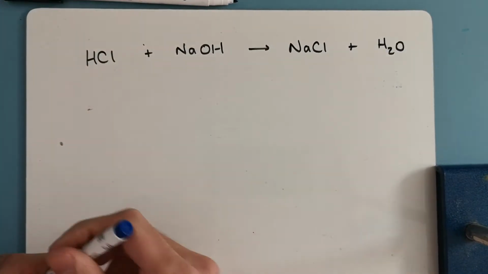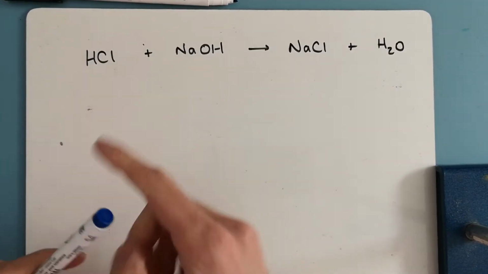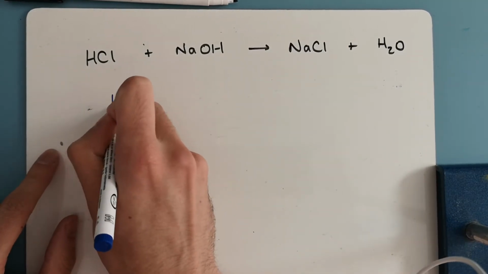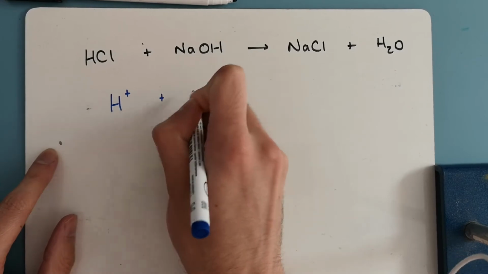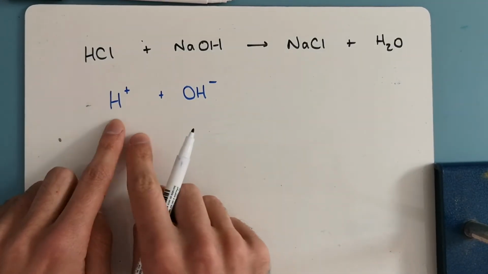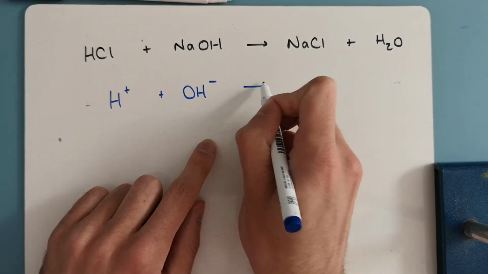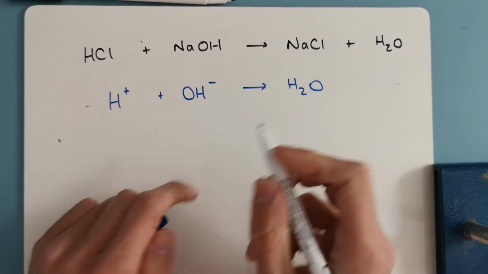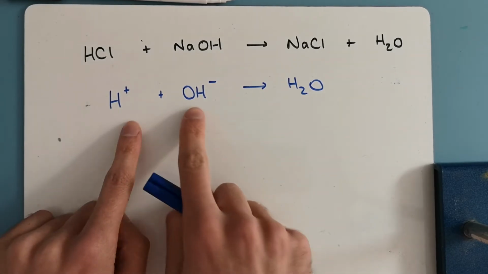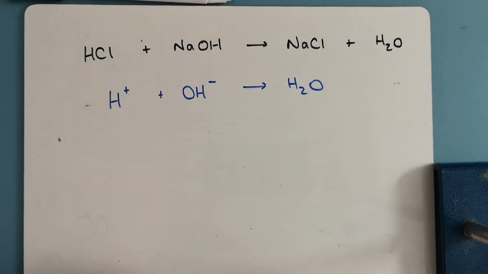And if we ignore the Cl and the Na, we've got here H+ with OH-, so our acid and our alkali, and that is going to form our water. And that's simply where everything comes from, the basis of neutralization reactions.